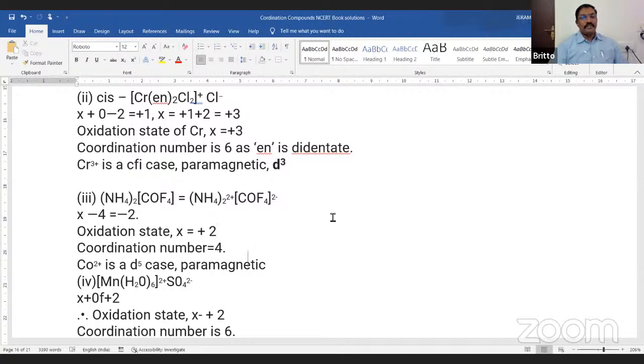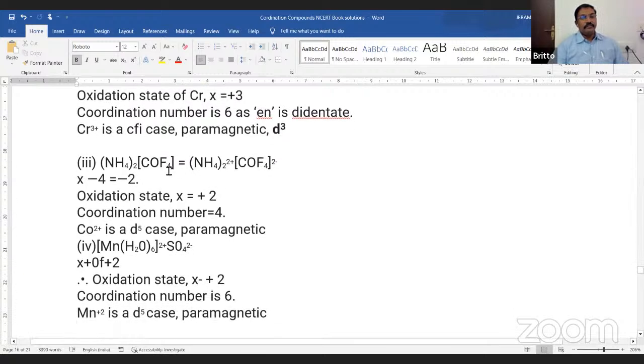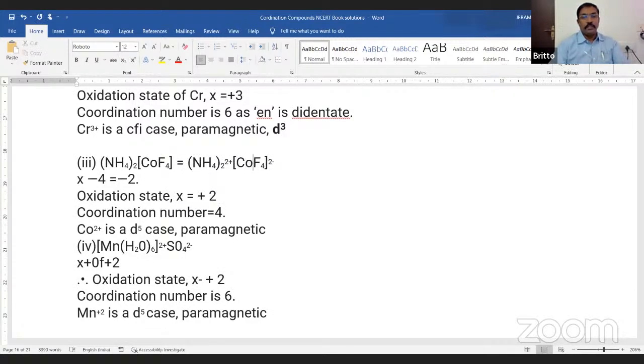Next, they have given (NH4)2[CoF4]. Now it has coordination number 4. Look at the oxidation state of cobalt.